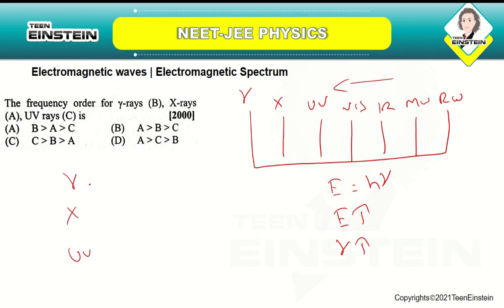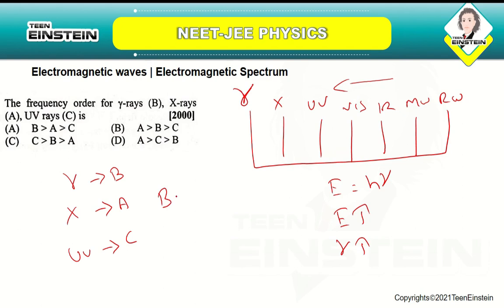They are given the frequency for gamma ray as B, for X-ray as A and for UV as C. As we know, the highest energy is for gamma rays, and since frequency is directly proportional to energy, gamma rays will have the highest frequency.